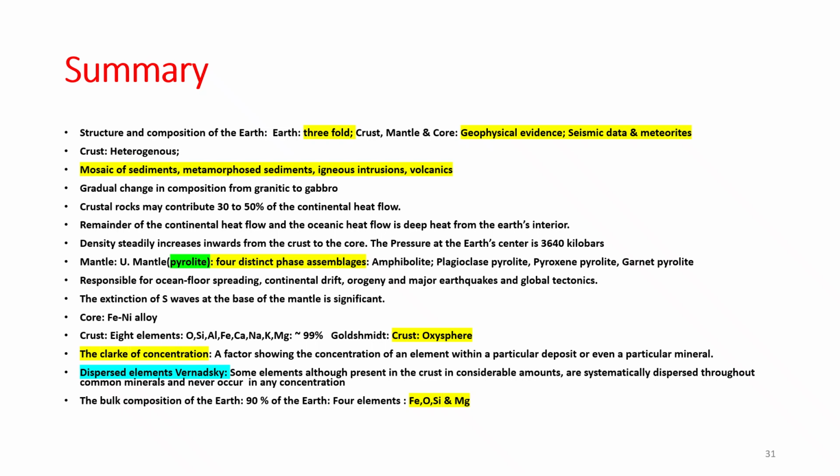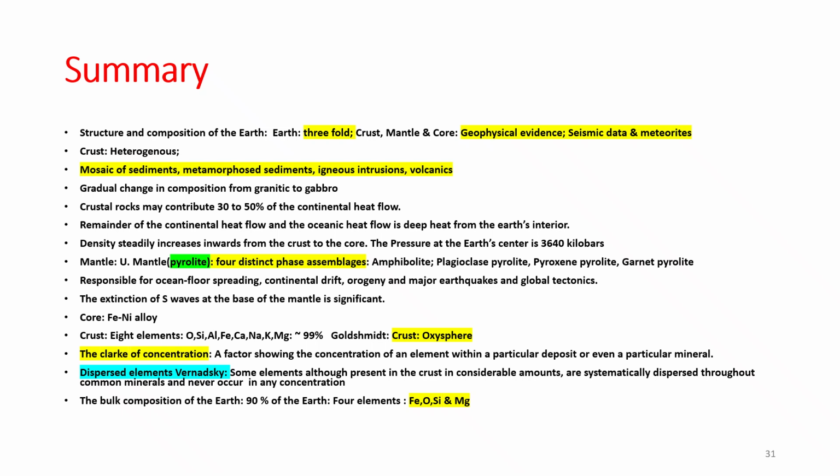And the concept of dispersed elements was proposed by Vernadsky. This includes some elements which, although present in the crust in considerable amounts, are systematically dispersed throughout common minerals and never occur in any concentration. These are known as the dispersed elements.